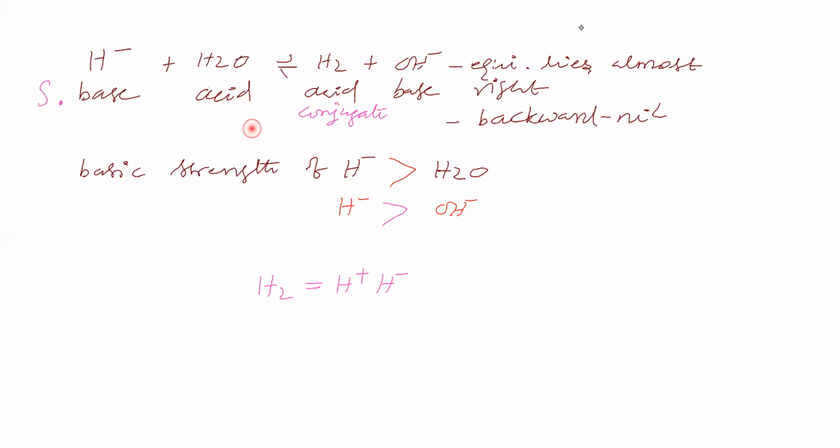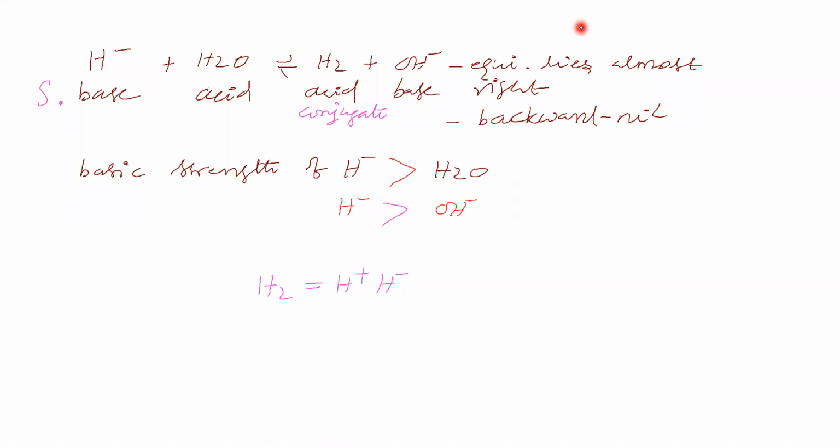That's why it is unable to convert into H minus, because there is no backward. Why is backward not taking place? This H2 is unable to give H plus to OH minus. Therefore, this H2 is not converting into H minus. Isn't it? That's why there is no backward.